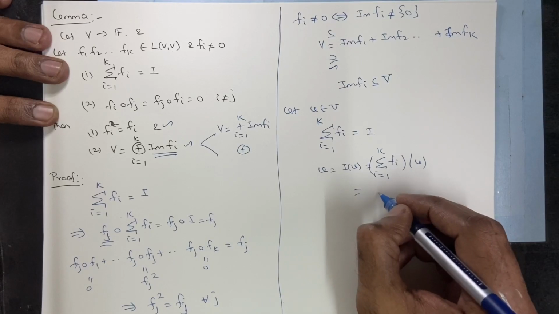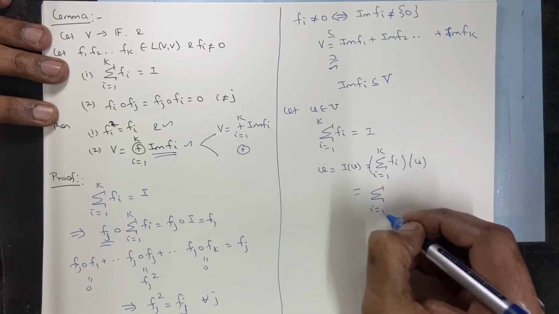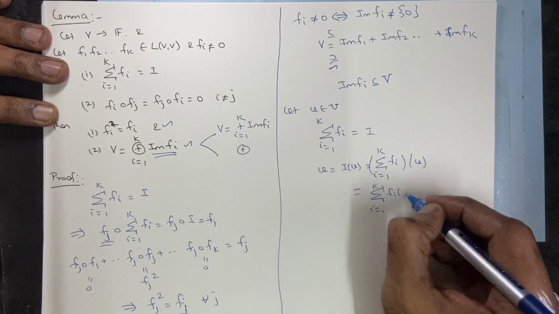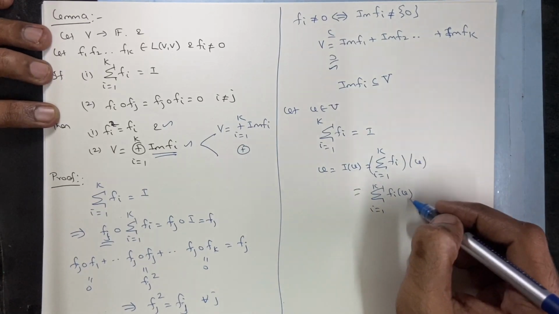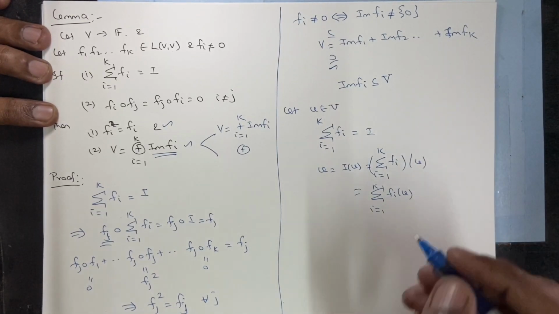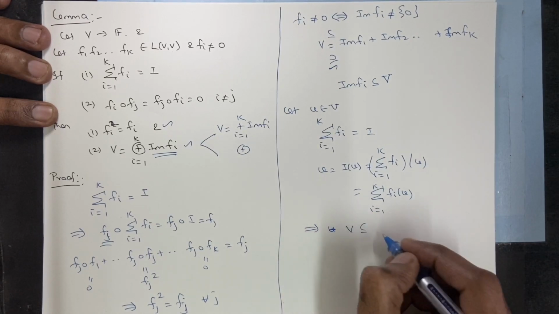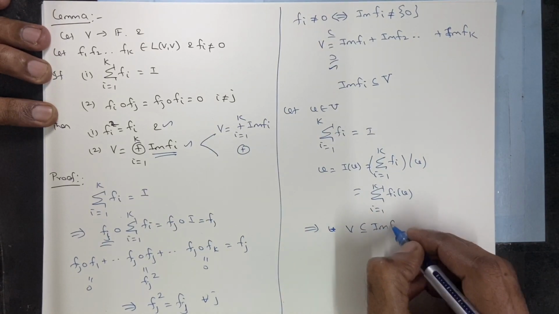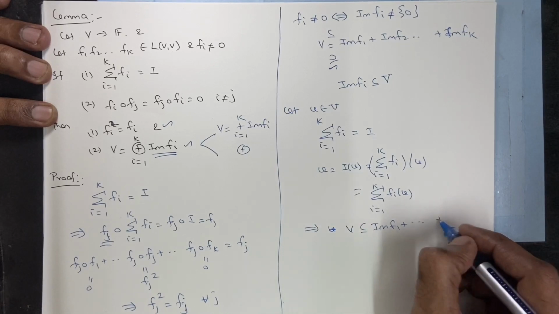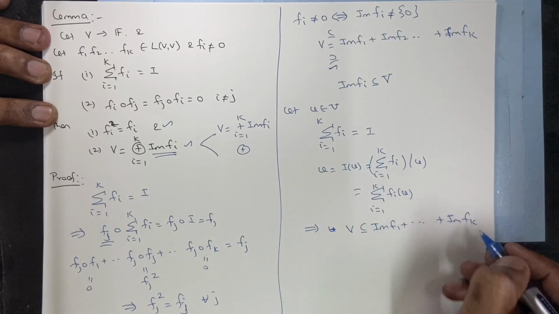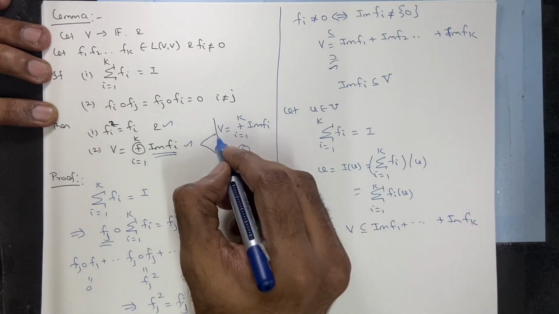That's how addition is defined in L(V, V), and this says that V is a subset of the image of F1 plus up to the image of Fk, and therefore we have proved this part.